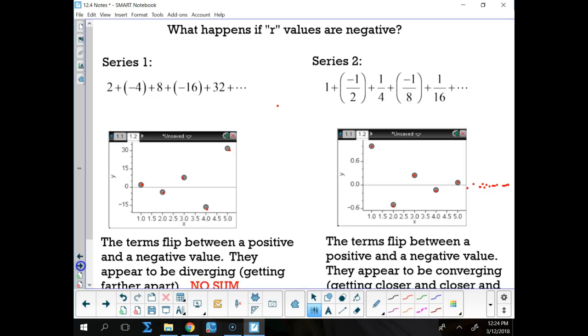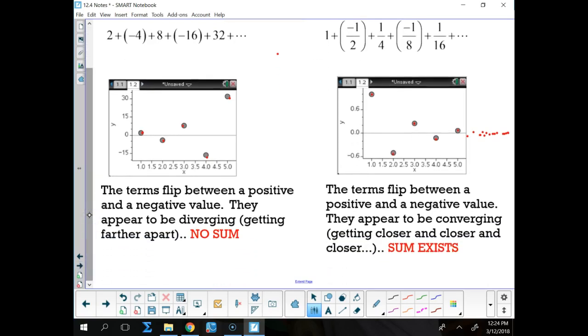So these two, again, what's the R value in Series 1? -2. And in Series 2? -0.5.